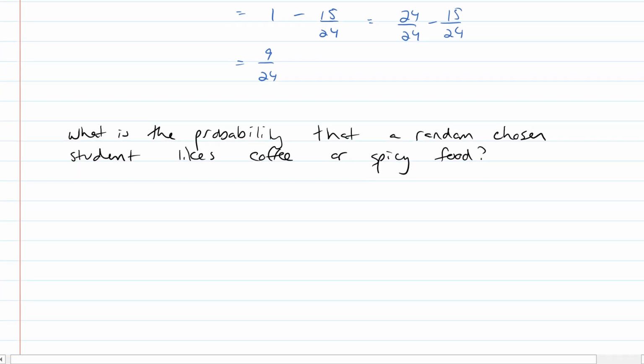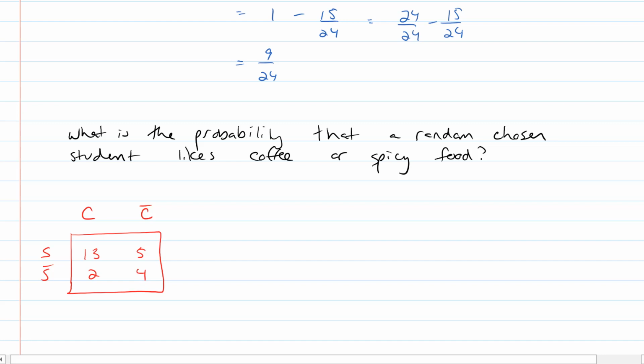And I'm just going to redraw our table yet again so that we know what we're looking at here. We're going to have coffee and not coffee, spicy food and not spicy food. And then in our table, we're going to have 13, 5, 2, and 4.